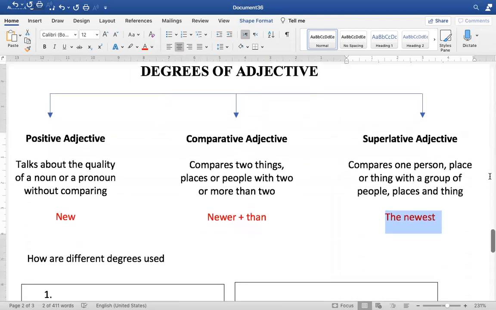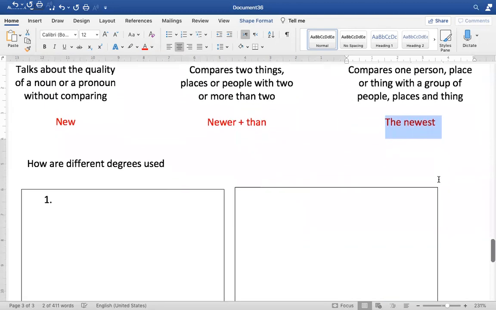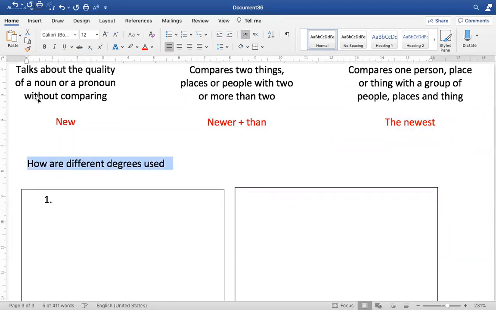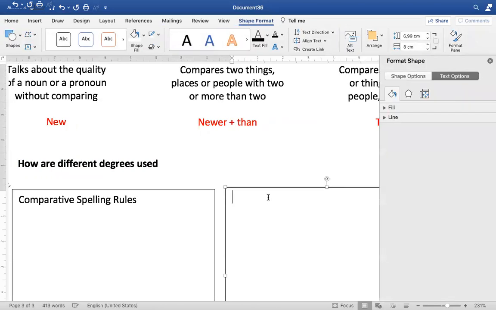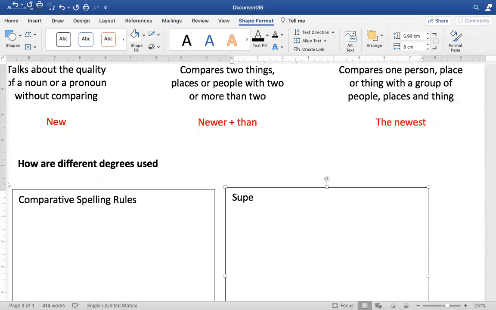And to know the spelling rule for that, I would like to basically tell you how the different degrees are used. So we can simply put this as comparative spelling rules, and we can say here superlative spelling rules.